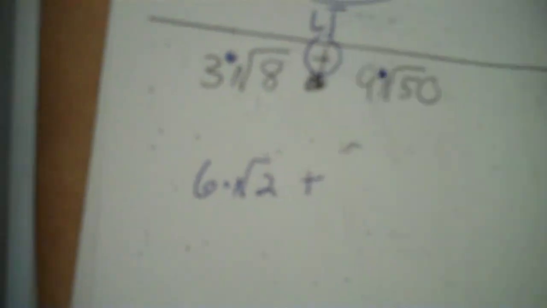Okay, plus 9 square root of 50. So the square root of 50 is irrational. So 9 times square root times square root. 50 divided by 49, decimal. 36, decimal. 25 and 2.